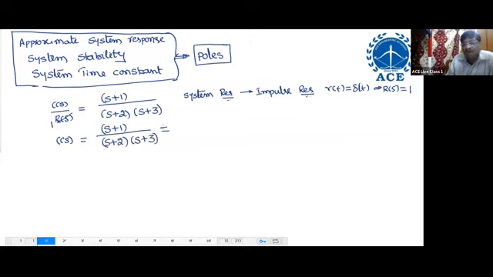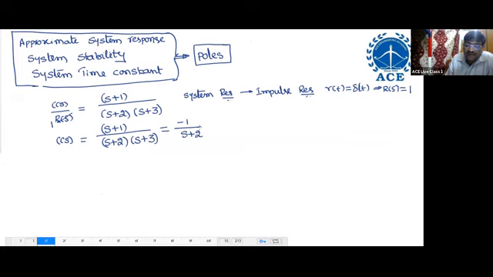S plus 2 equal to 0, s equal to minus 2. If I substitute minus 2 here, the numerator becomes minus 2 plus 1, which is minus 1. So that means minus 1 by s plus 2. Then again for s plus 3, substitute s equal to minus 3.